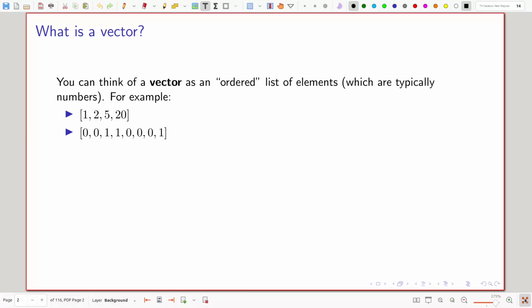And they are ordered. So the zero here and this zero are not the same thing. If you look at a vector and want to think about what it means, it might represent something, say the properties of a book. Given a book, you represent it as a vector, and the first coordinate will be 1 if it's a Thai book, and 0 if it's not in Thai.